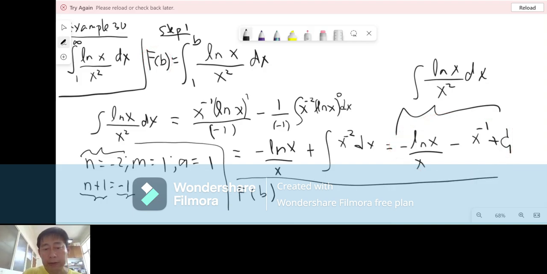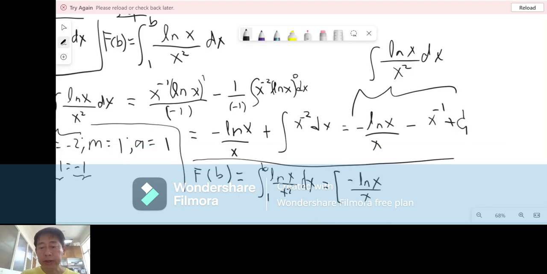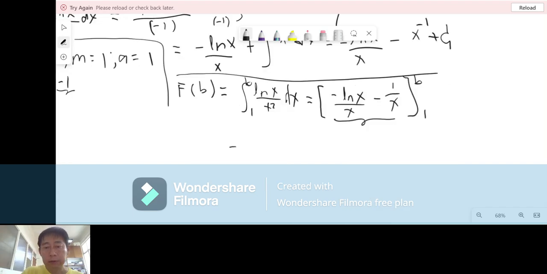F of b is simply equal to the definite integration evaluated between 1 and b, which can be expressed in this form, which is the result of the indefinite integration to be evaluated between 1 and b. So this could be worked out quite straightforwardly as ln b over b minus 1 over b.